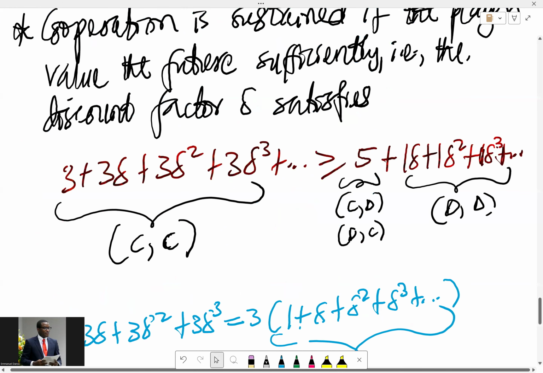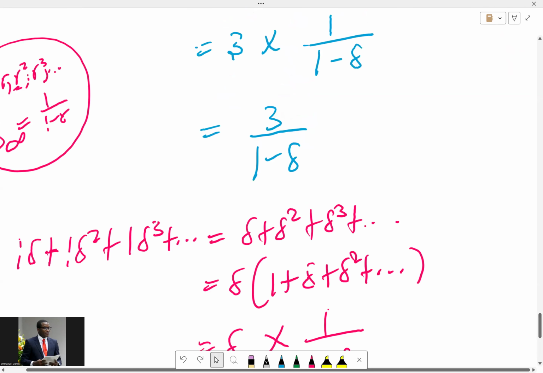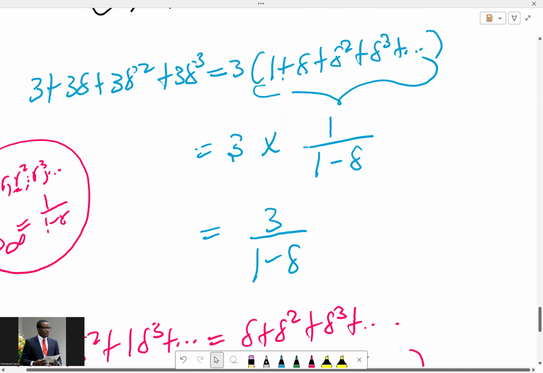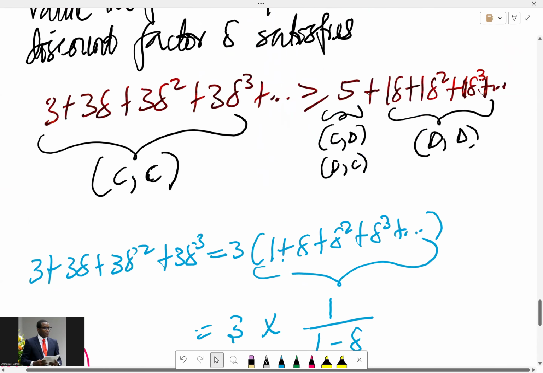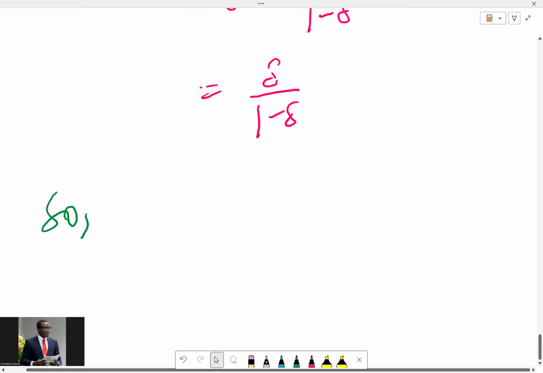So we can say therefore, let's go green now. From this expression, 3 delta and so on will be 3 over 1 minus delta.